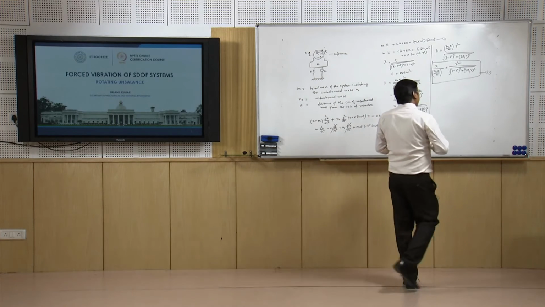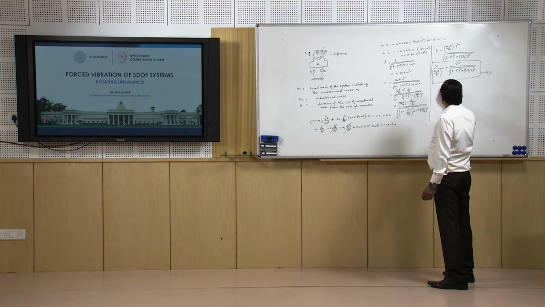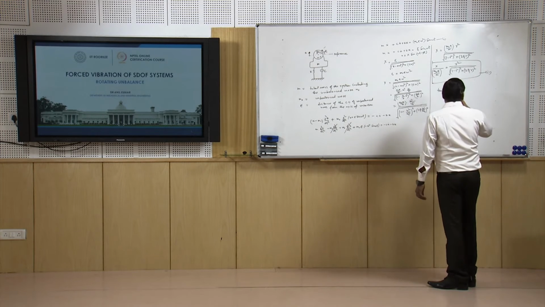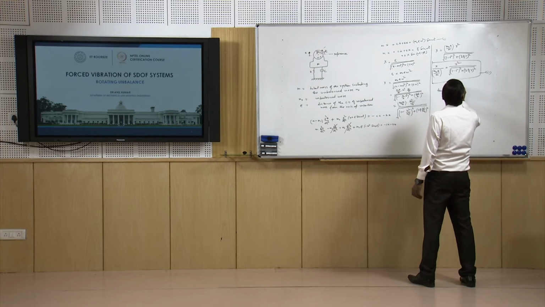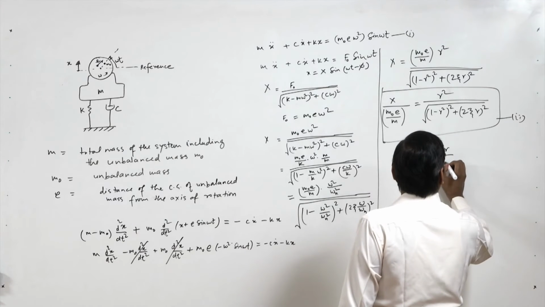Now the phase angle phi: here we can write tan phi equals 2 zeta r upon 1 minus r square.